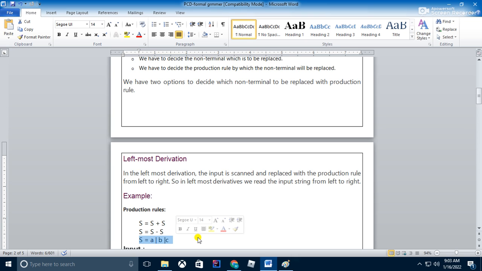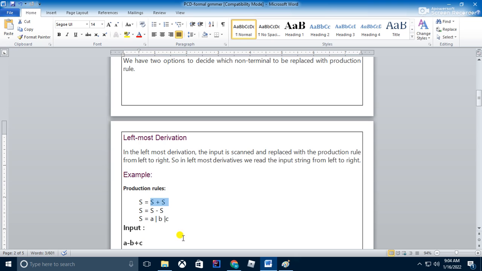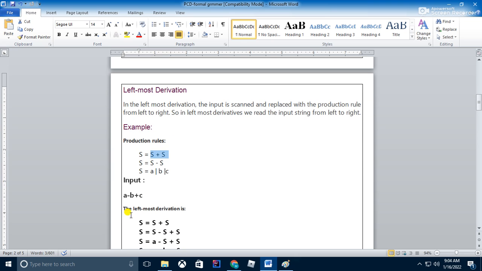For the leftmost derivation, first we start with the first derivation, S equal to S plus S. The input string given is a minus b plus c. We have to check whether this input string is derivable based on this production rule.